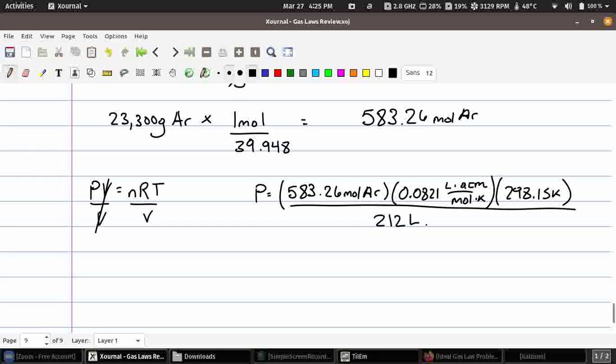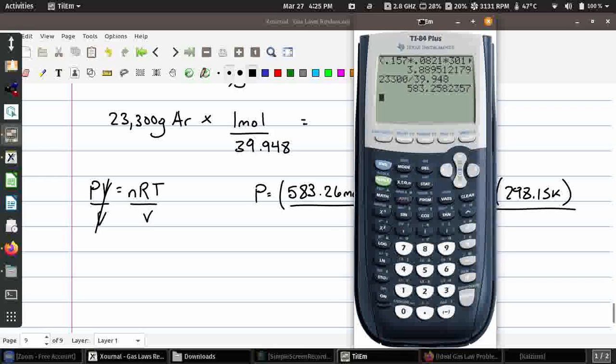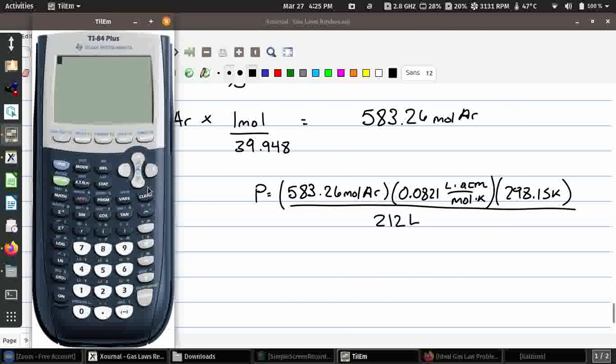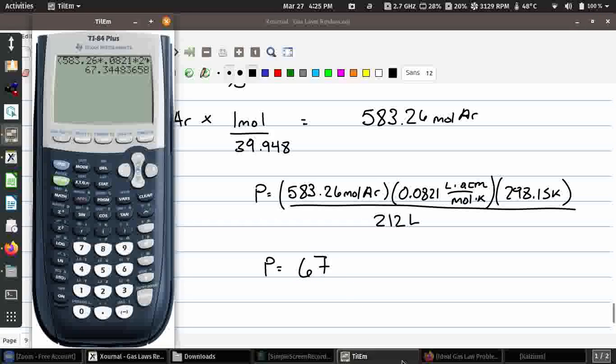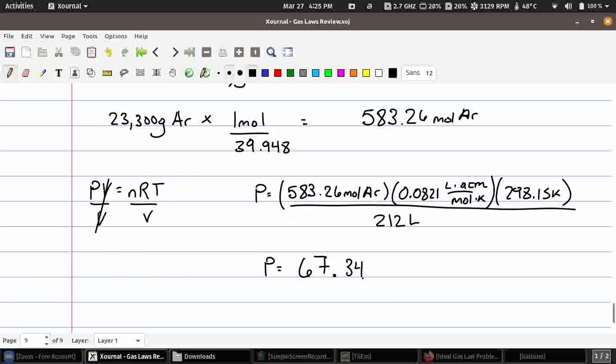So let's put this in the calculator and see what the pressure is going to be. So I'm going to clear the calculator. So we have 583.26 times 0.0821 times 298.15 divided by 212. So that means our pressure is going to be 67.34 atmospheres.